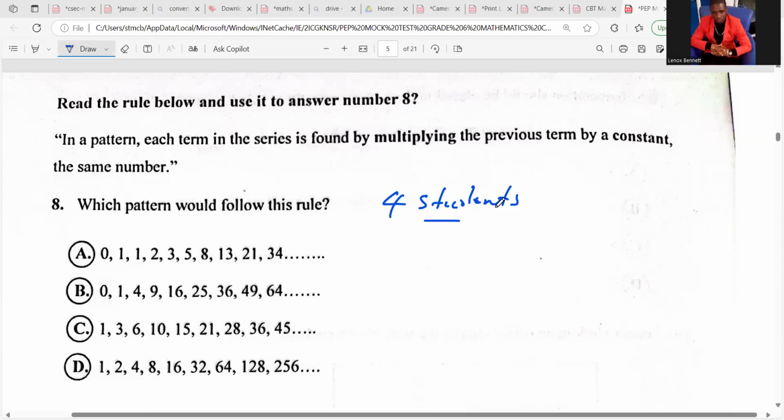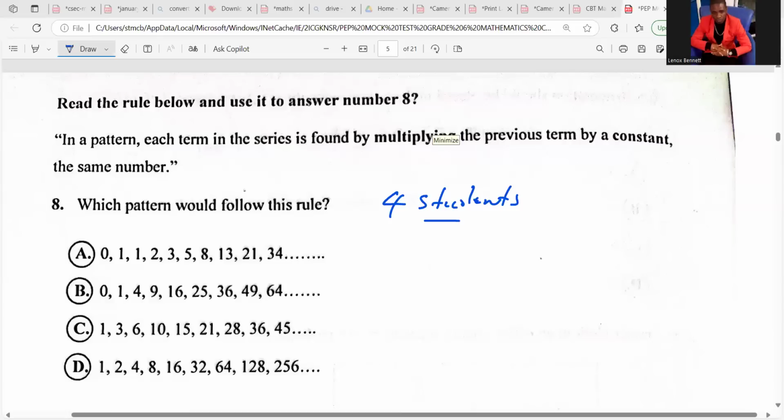All right, let me get somebody else, somebody who has not presented as yet. Sakina, you want to go? All right, go ahead, Sakina.